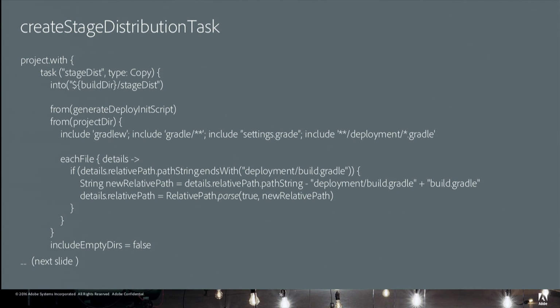It would keep the Gradle W, the Gradle script plugins. It would include the settings and everything from the deployment directories way out there to the right. But it would filter everything else out that wasn't part of this deployment. So all the local stuff would stay there, but everything in the stage dist was ready to go out the door.